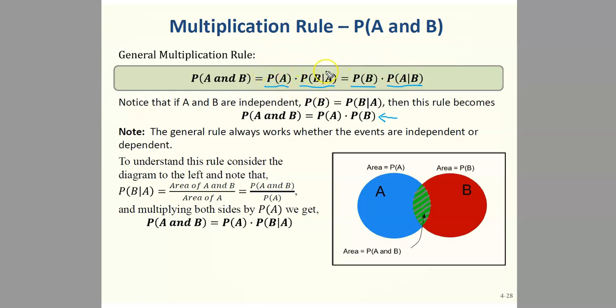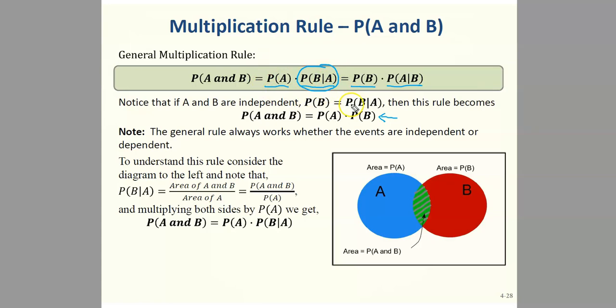If A and B are independent as you're working through these problems, you'll just evaluate this as the probability of B anyway, and it all just works out. So I recommend just using the general rule up here. Also note that if the events are not independent and you use this rule here, then you'll get the wrong answer. So I recommend that you always use the general rule.